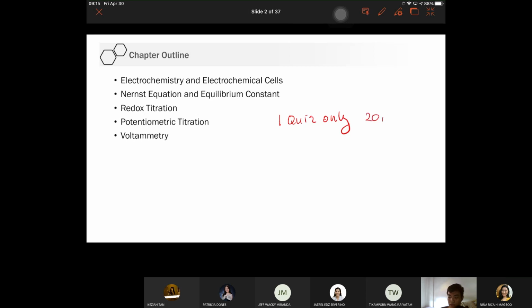It has 20 items. In those 20 items, the majority will be concepts or terms. I can't give an exact number because I'm not yet done making the quiz, but the majority of the questions will be concepts.